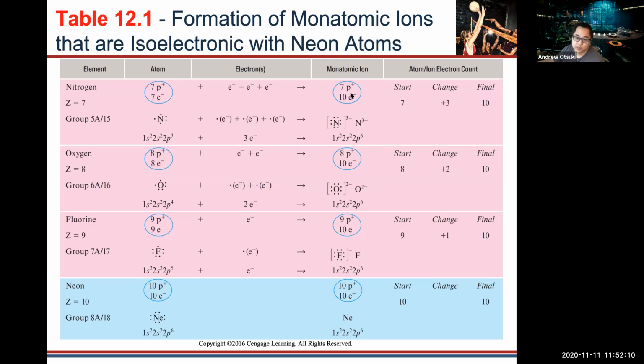So here, all these ions are isoelectronic with each other, and the neon noble gas. And here's neon. It already has a filled shell, so it already starts with 10 protons and 10 electrons, so it does not do anything. It's happy as it is. And you see here its electron configuration.